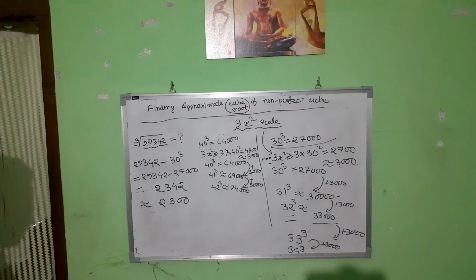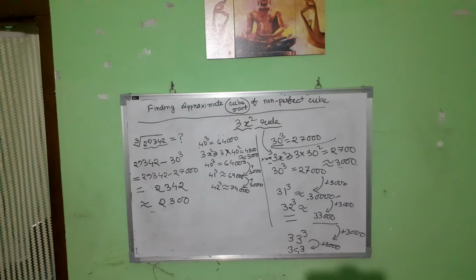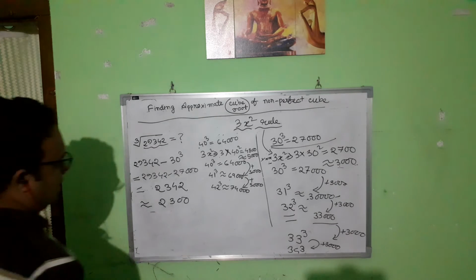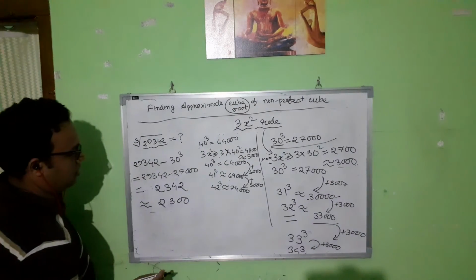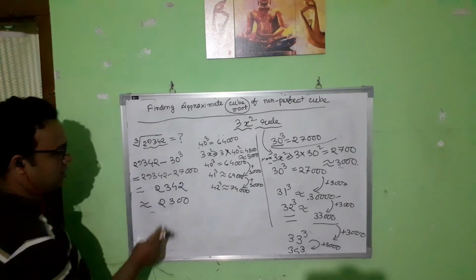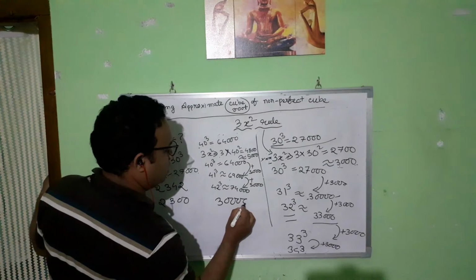So if I add 3000 with 27,000, then I will get the number 30,000.